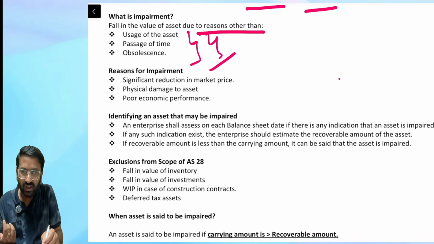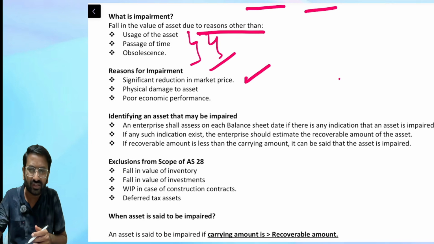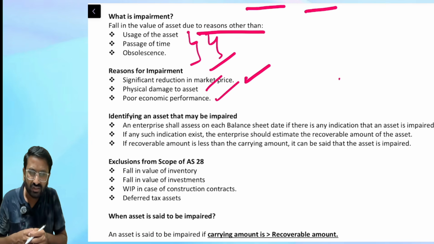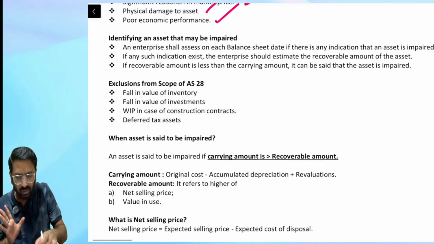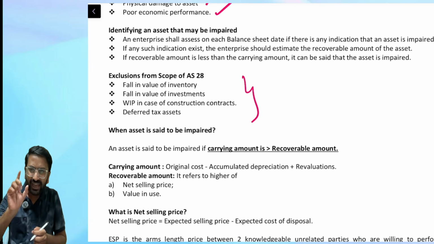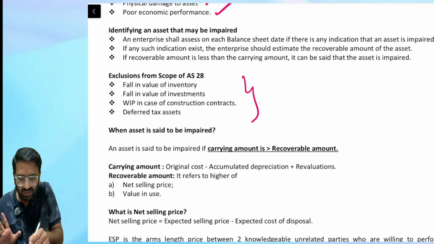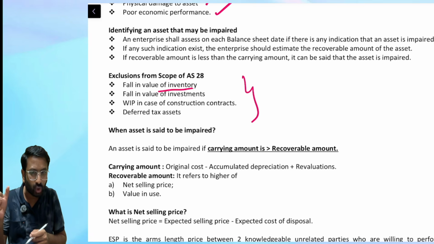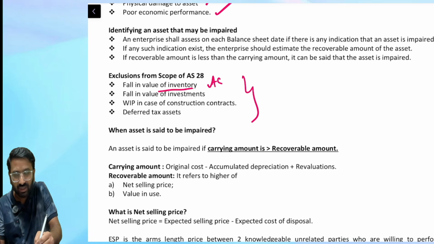Now, what are the different reasons which can lead to impairment? There can be significant reduction in market price due to other reasons. Physical damage of asset, poor performance of the asset, all this will result in impairment of the asset. Now, where is this accounting standard 28 not applicable? AS 28 is not applicable if there is a fall in the value of inventory. Because if the inventory falls, it is valued at cost or NRV, whichever is lower, but that is covered under accounting standard 2.